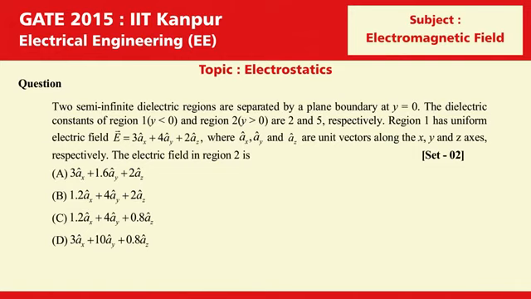The electric field in region 2 is option A 3ax cap plus 1.6 ay plus 2az cap, option B 1.2 ax cap plus 4 ay plus 2 az cap, option C 1.2 ax cap plus 4 ay cap plus 0.8 az cap, and option D 3ax cap plus 10 ay plus 0.8 az cap.